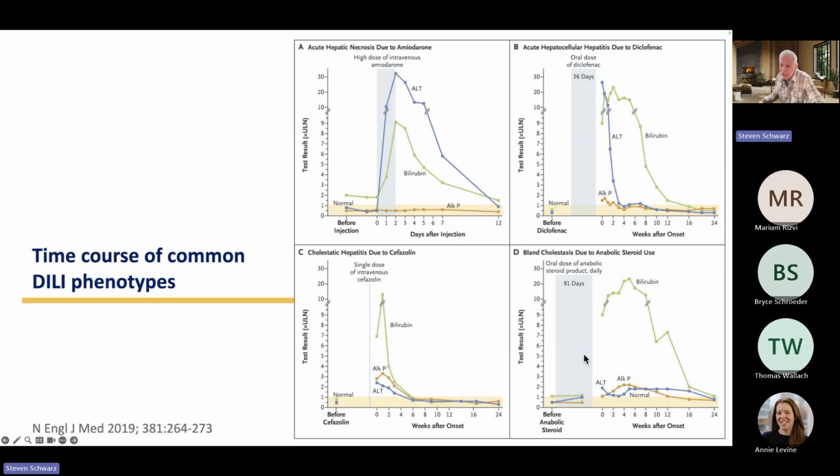This is checked after 90 days. And here we have the drug that is monitored during the use of anabolic steroids. And as you can see, not much change. So again, depending on the drug, you want to monitor patients depending on how likely they are to develop DILI and when it's going to develop.